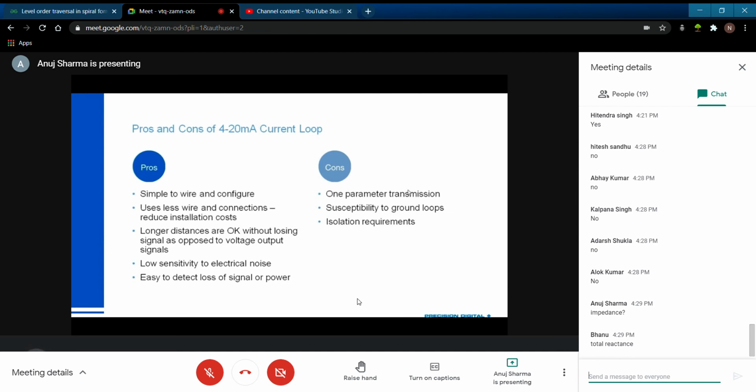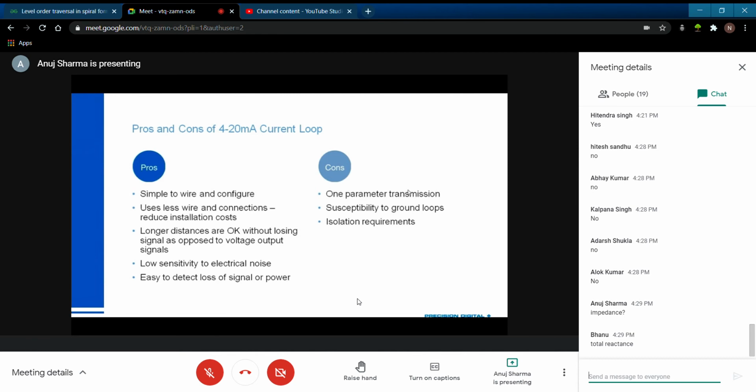I could present an entire webinar on ground loops and isolation requirements, but for the purposes of the fundamentals, I'll sum it up by saying that when you have devices in your loop that accept or transmit multiple 4 to 20 milliamp signals, so for example, if I have a block of PLC DIN rail mounted units and I bring in 8 4 to 20 milliamp loops into those, I need to be very aware of whether or not they all share common pins, if their minus terminal for all those loops are tied together, and if an isolated power supply is required.